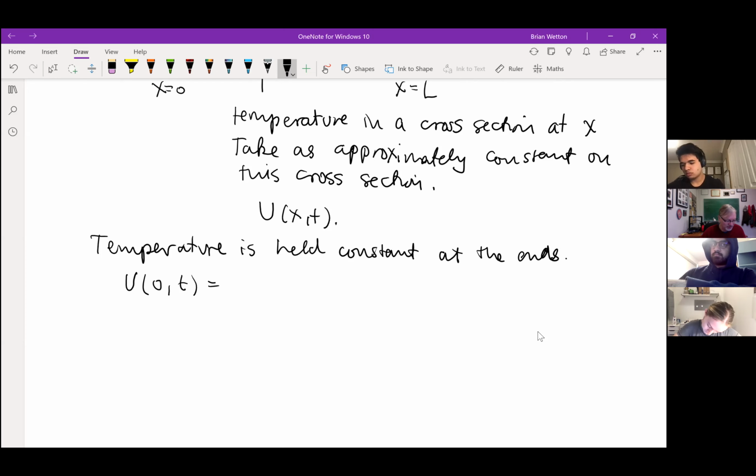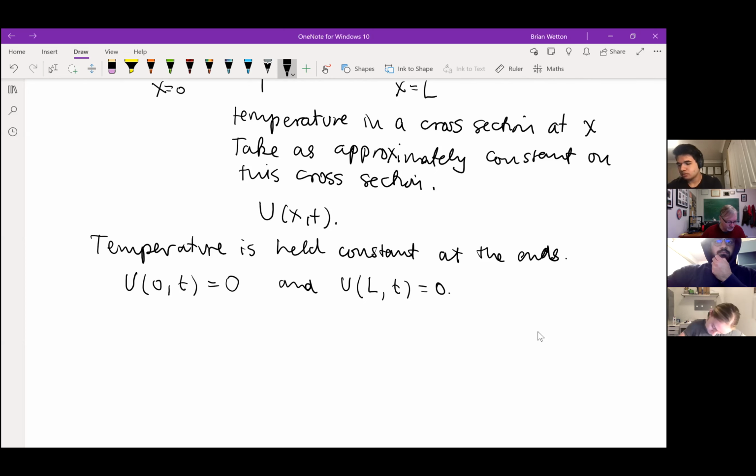So I'm just going to hold it at a temperature that I'll actually call 0. Whatever the temperature was, I'm measuring it against this ambient temperature, so I've messed with it a little bit. It's a difference to ambient. And if I look at the temperature at the other end for all time, it's also going to be 0, just to simplify things.